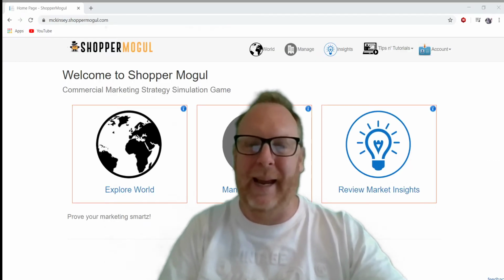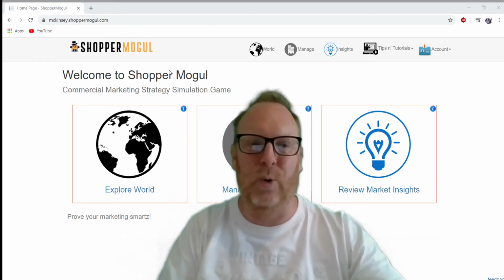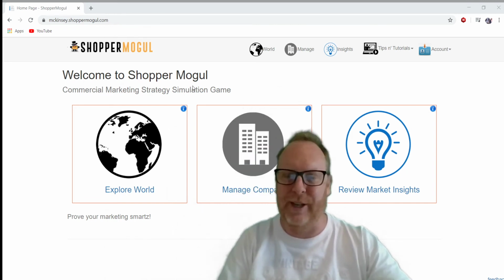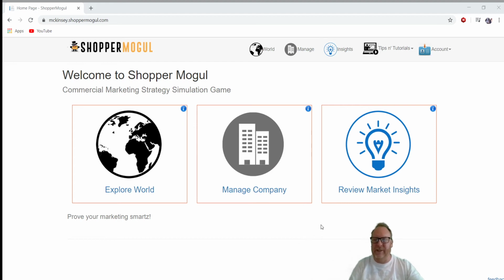So we're going to be talking through how you do your role within the web page. So let me slide my little face down into the bottom corner. As with all of the other roles, you can find your office either through the big Manage Company button in the middle, or this navigation bar up at the top, Manage up here.